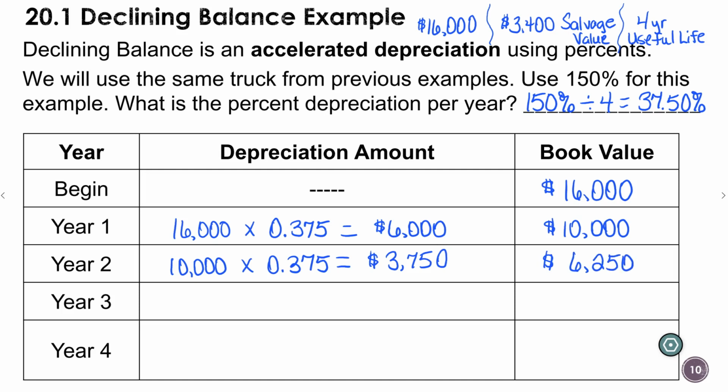$6,250. On the next year, we're going to multiply by that 6,250. Once again, 0.375, and that would be $2,344. Remember, I am rounding every single time.